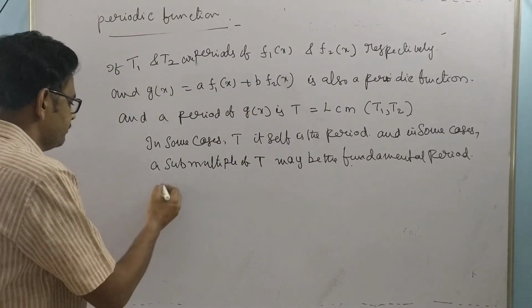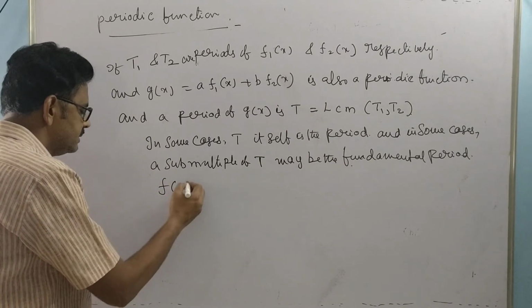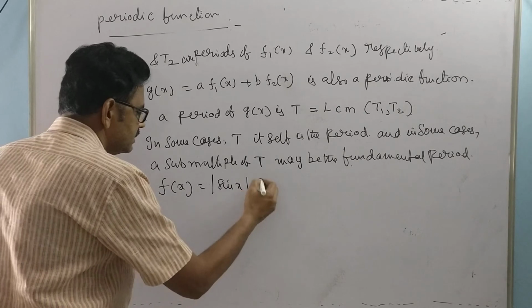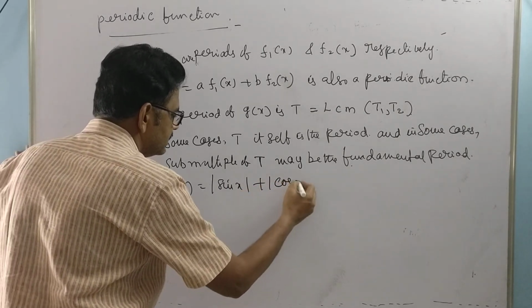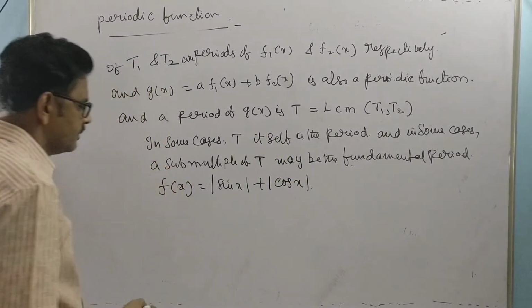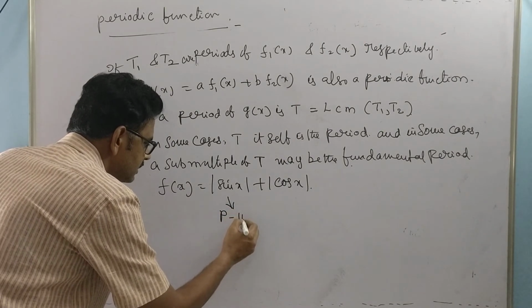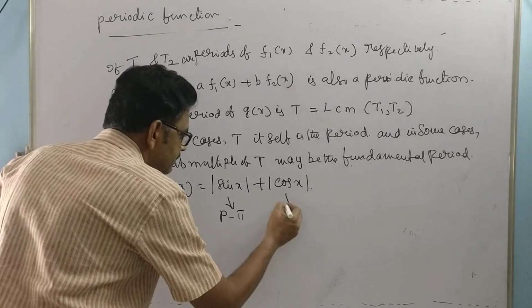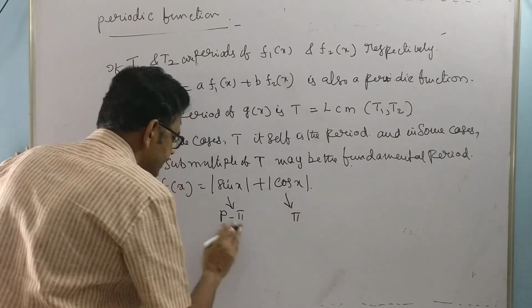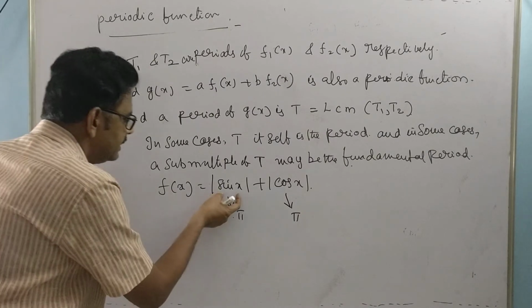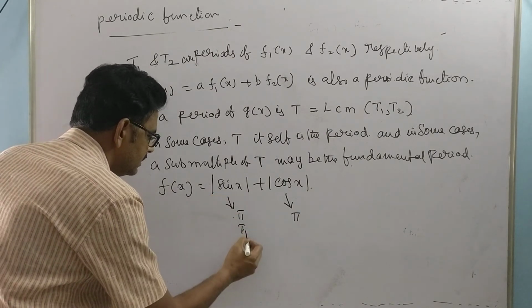I will give you an example. Suppose f of x is equal to mod sin x plus mod of cos x. What is the period of this function? Period of mod sin x is pi, so this is t1.